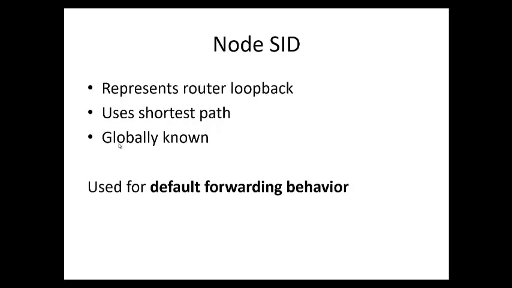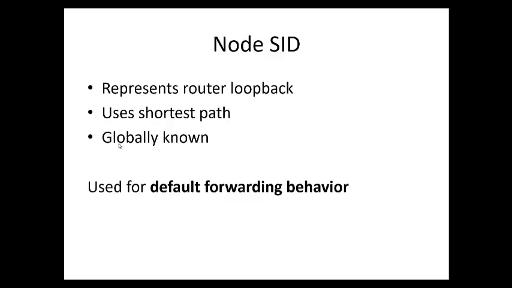First, the node SIG ID represents the router's loopback address. Node SIG ID is configured on the loopback interface and it represents the router's loopback. See, it's a logical address. Loopback interface addresses are always used as the router ID, right? Here also the same thing. To identify the node, we have the loopback interface, router SIG ID. And this is used to find the shortest path.